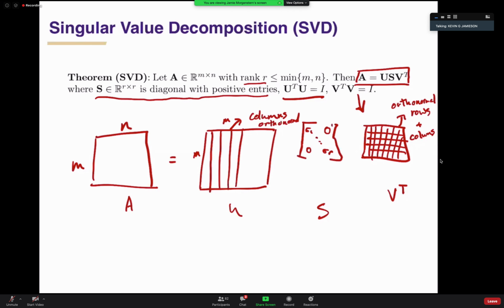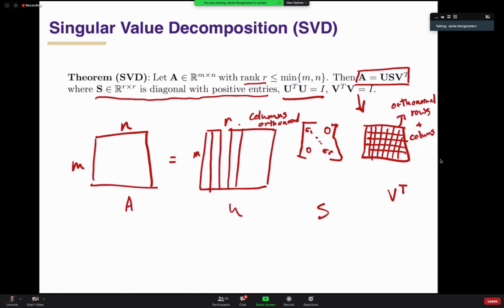Because A only has rank R, what we're going to look at is just the part that corresponds to those R dimensions. So we're going to write an M by R dimensional thing here. Apologies for that.